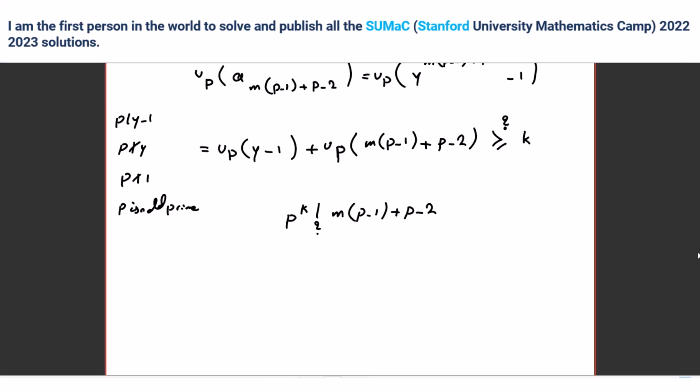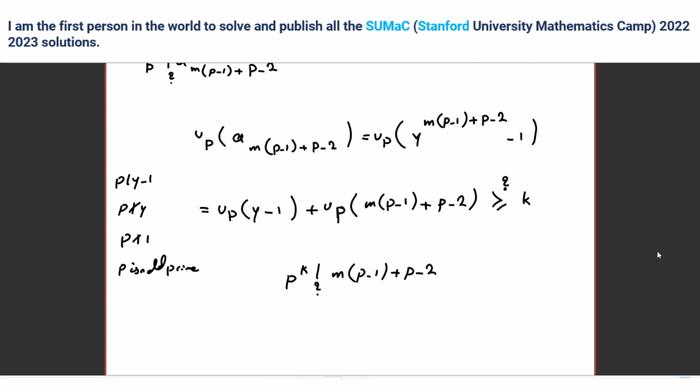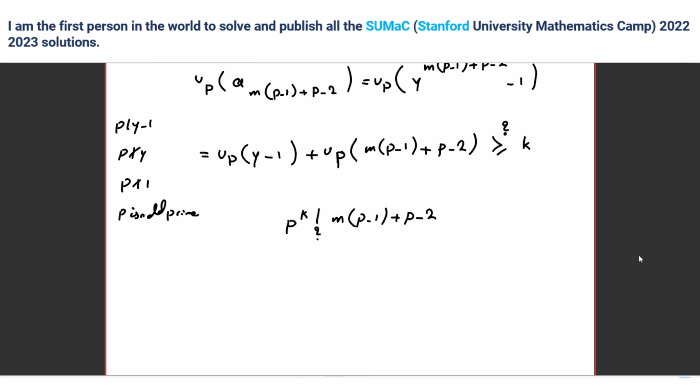No, but there obviously does exist a good m. Because p minus 1, like you can just multiply p to the power of k by any number. You just need it to be equal to 1 mod p minus 1. Or minus 1 mod p minus 1. mp minus 1 plus p minus 2 should be equal to p to the kt.